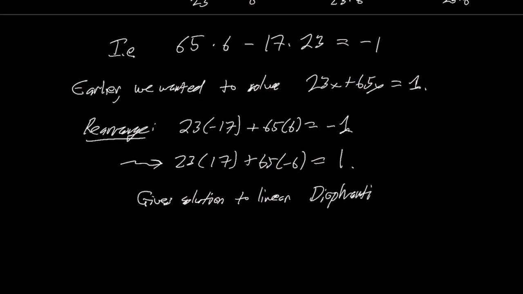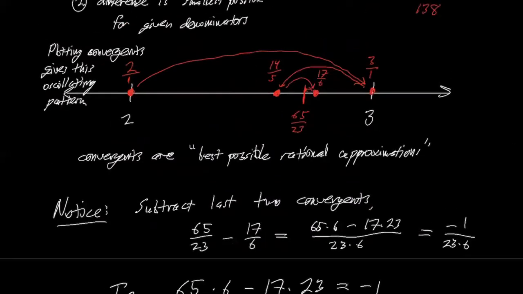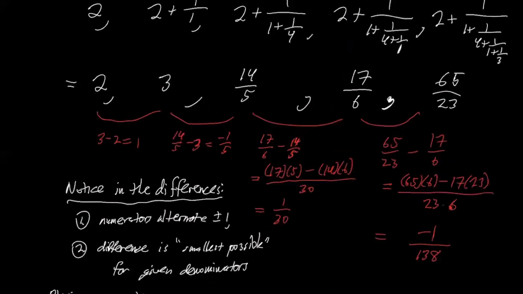So it turns out that, and again, we should give some justification later, this next to last convergent actually always gives us the solution. You might have to write out some stuff. You have to count the convergents because of the plus or minus 1 pattern here: 1, -1, 1, -1.